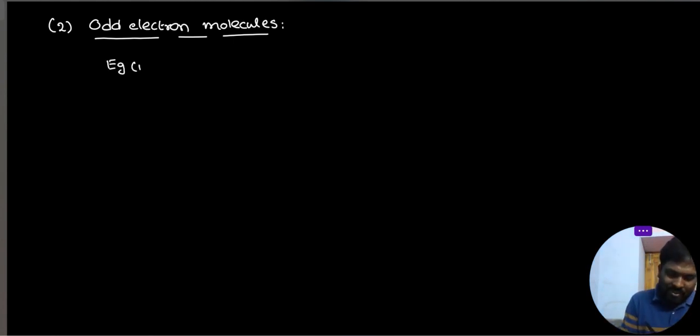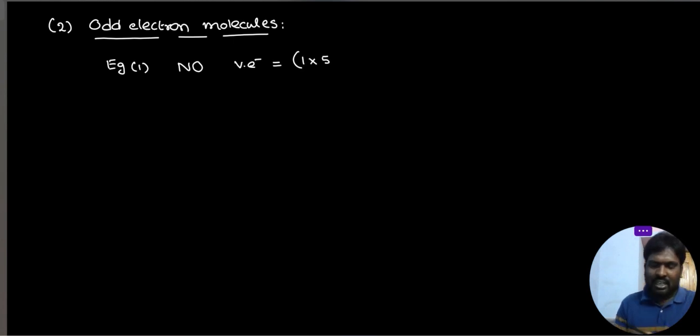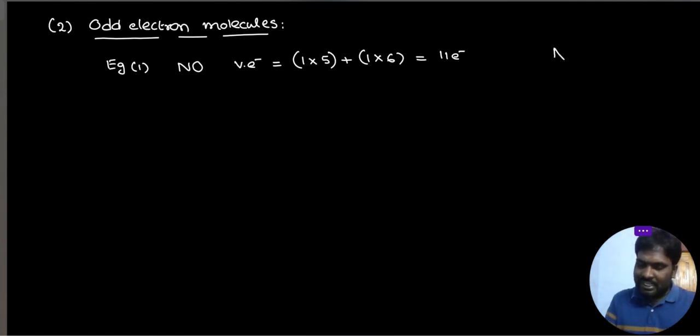Example 1, nitric oxide. Valence electrons: nitrogen group 15, 5 electrons, plus oxygen group 16, 6 electrons. Total, how many electrons? 11 valence electrons. Now, its Lewis dot structure, how can we write?